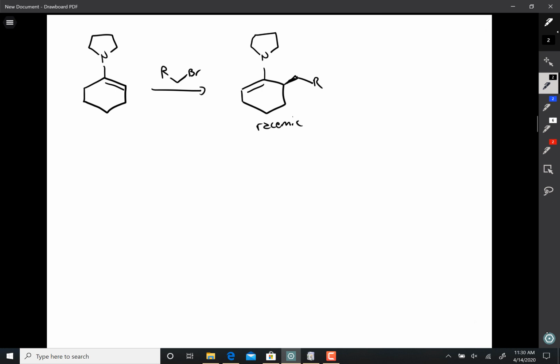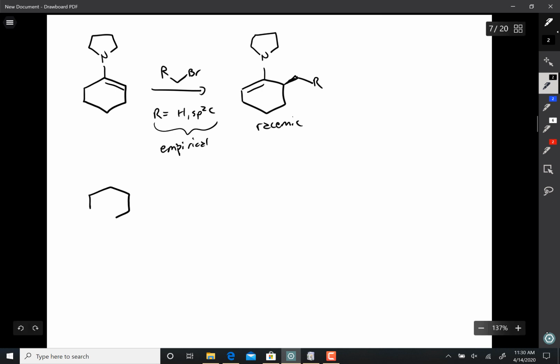Now the requirement that R equals a hydrogen or sp2 carbon. This is empirical, meaning they've done a lot of reactions and they found that it works best when the R group is a hydrogen or sp2 carbon. What that means is the R group is a hydrogen.